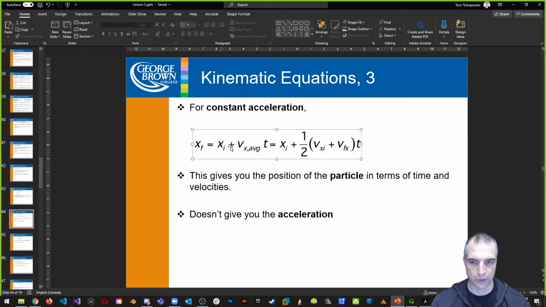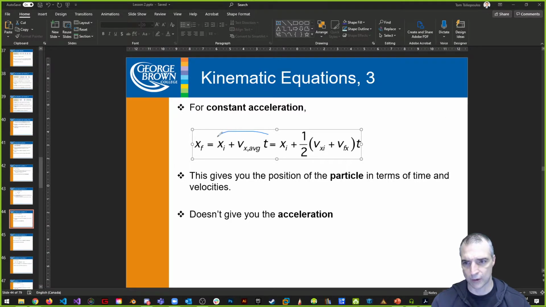There's the first part of the equation over here. Let me just annotate that. So this is the first part of the equation. And we can take this equation and make this equation out of it, right? What we're actually doing is we're just taking velocity average, and we're saying that the velocity average is like we had before, right?